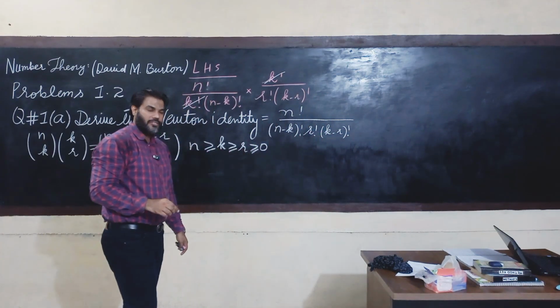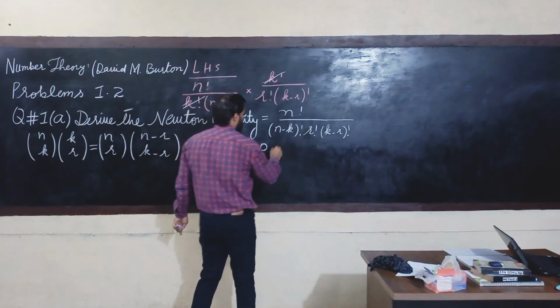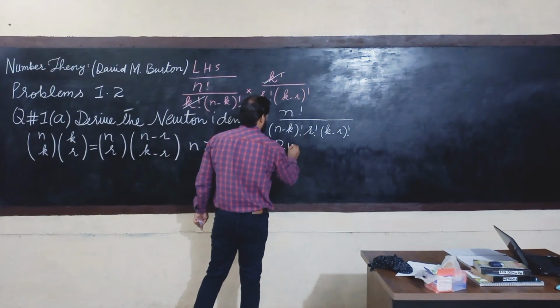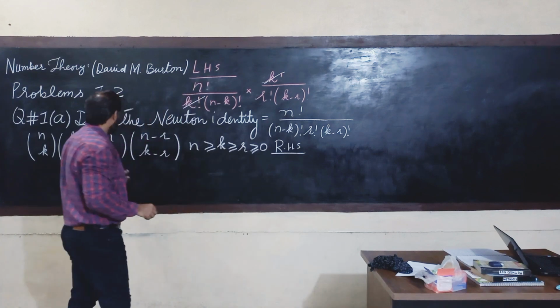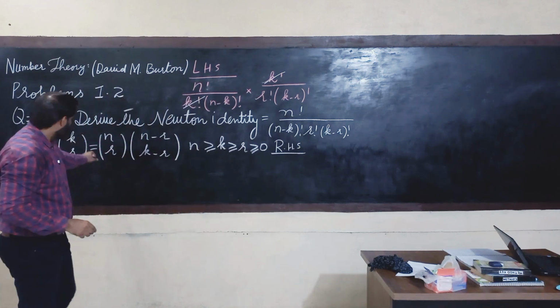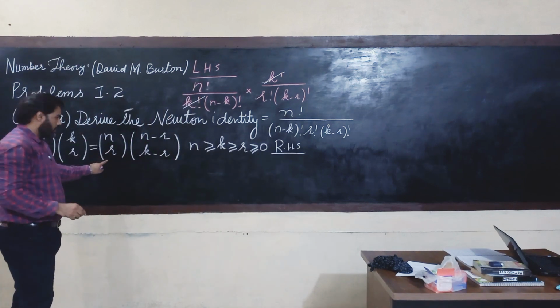Next we solve right hand side. In the right hand side there are also two numbers. One is n choose r.